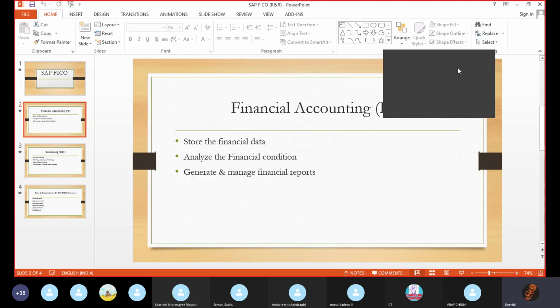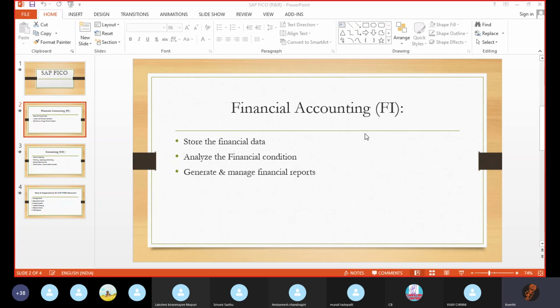Coming to FI, FI stands for financial accounting. Financial accounting helps with external reporting. It helps to store the financial data of the organization and analyze the financial condition. It helps to prepare, generate and manage the financial reports of the organization.